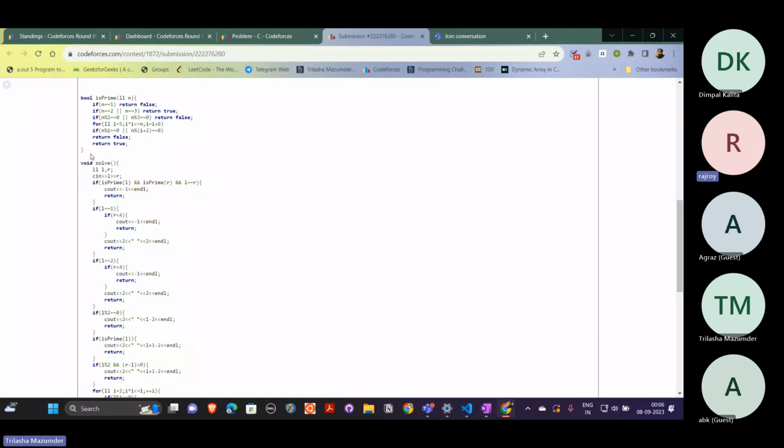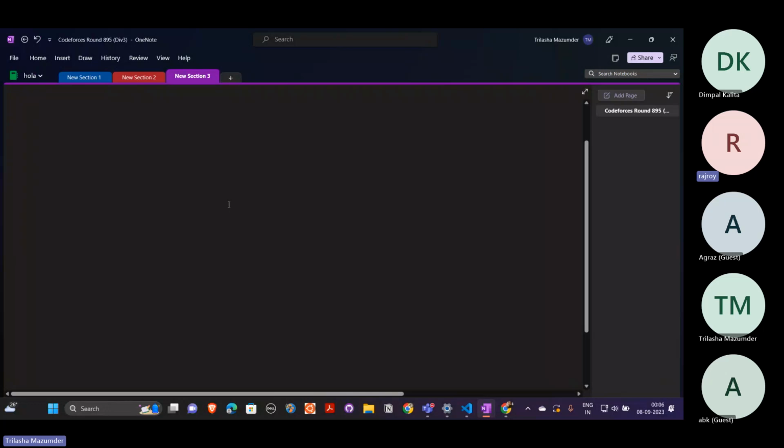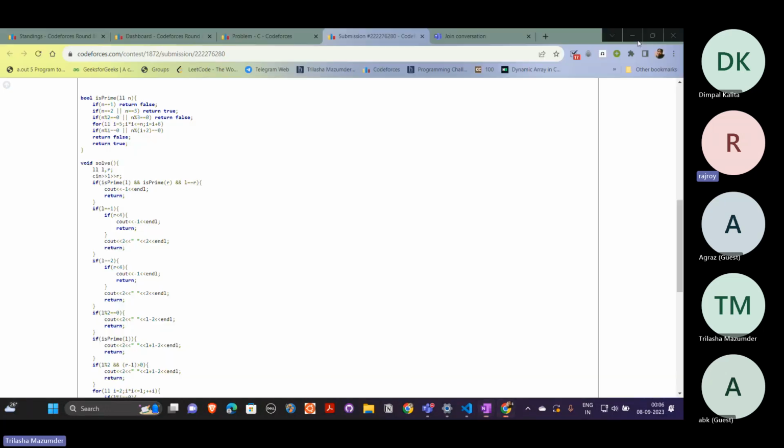This is the if condition for when both are prime, and both should be equal. So L should be equal to R. Because their GCD will always be that number. But if they are distinct, then the answer is not possible.